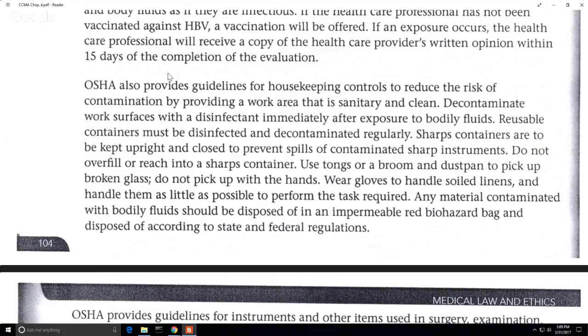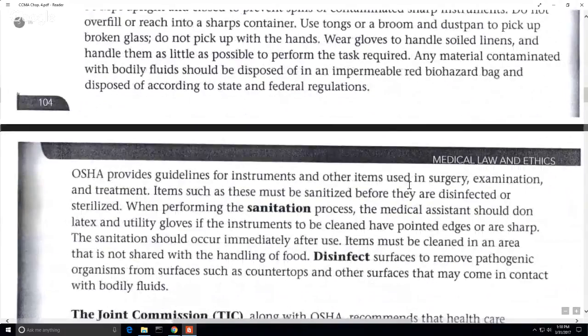Anything which is not sharp, but is contaminated with blood or body fluids, should be thrown in the biohazard bag. This bag is puncture proof. It doesn't leak.